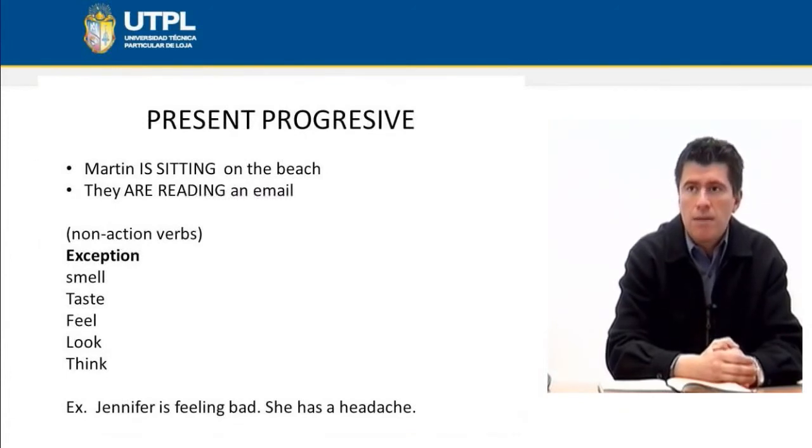I have written an example to show you. Jennifer is feeling bad. As you can see, we're using the structure of the present progressive, even though the rule at the beginning said that the non-action verbs could not take the progressive form. But there is an exception with the 5 verbs that you have in the list. Example, Jennifer is feeling bad.